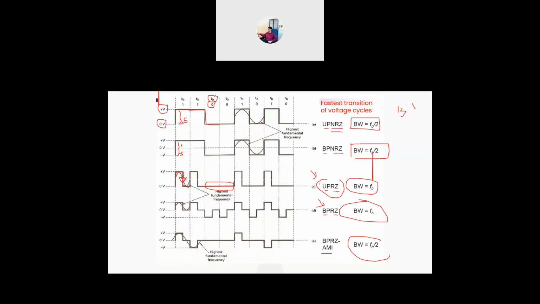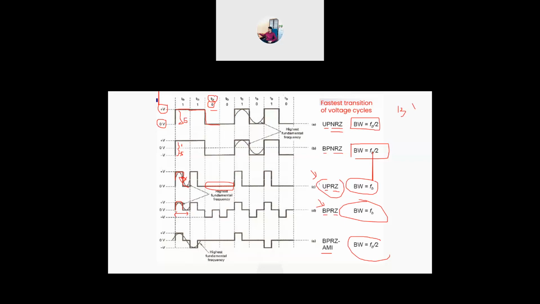For the return to 0 bipolar, the positive pulse will return to 0 before the end of the bit interval. You can see it returns to 0 before the end of the bit interval. So this is your bit interval. For the 0, however, the negative pulse will return to 0 here.